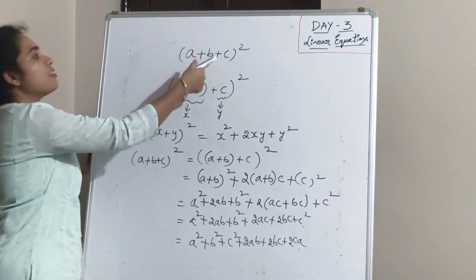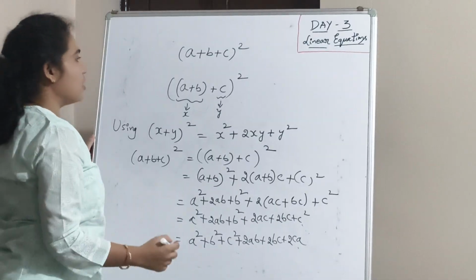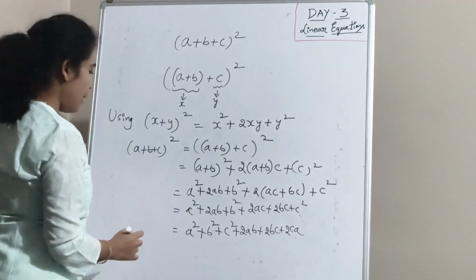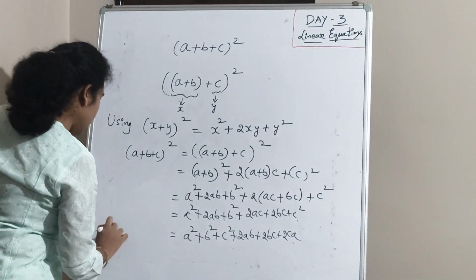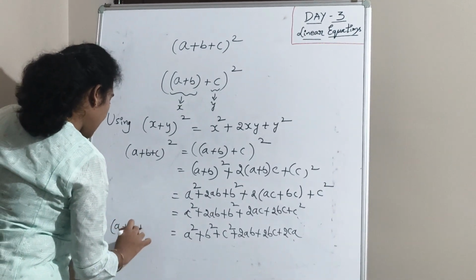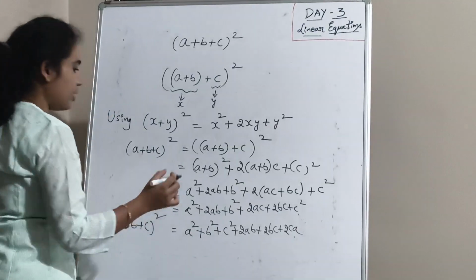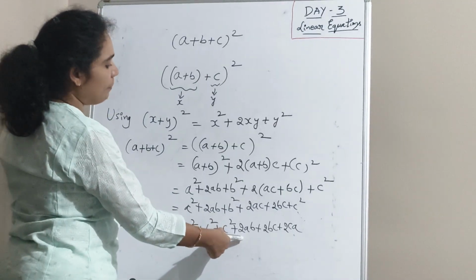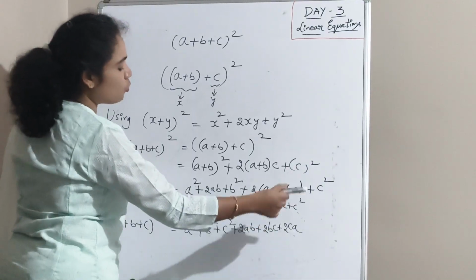Hence, (a plus b plus c) whole square is equal to a square plus b square plus c square plus 2ab plus 2bc plus 2ca.